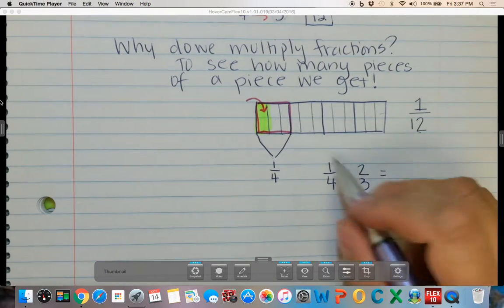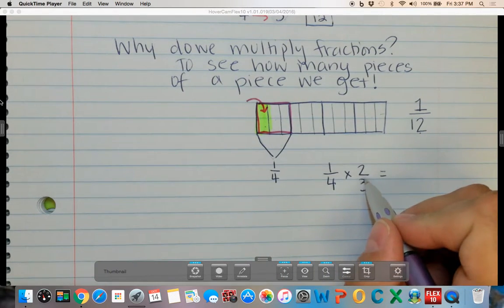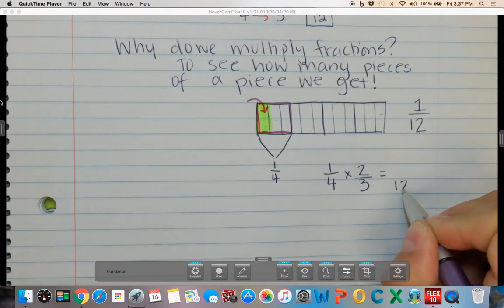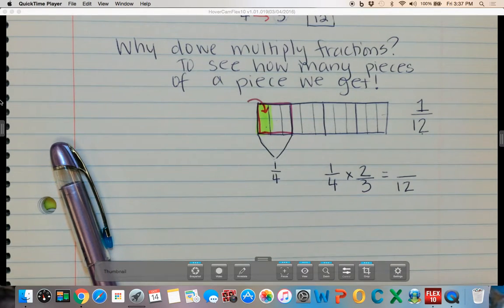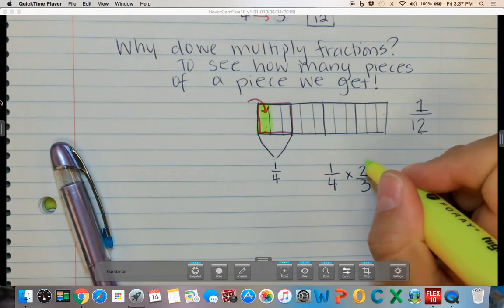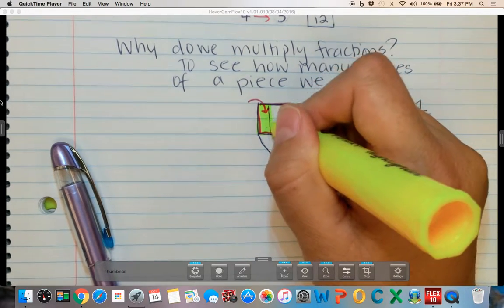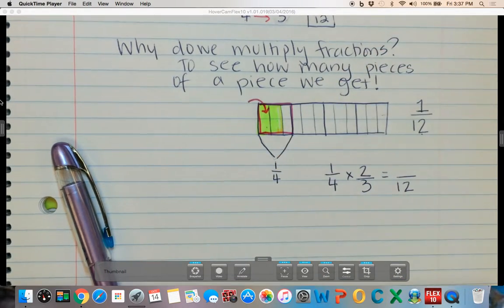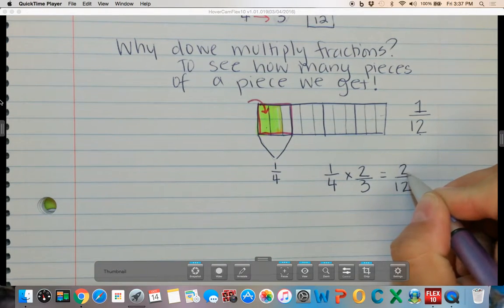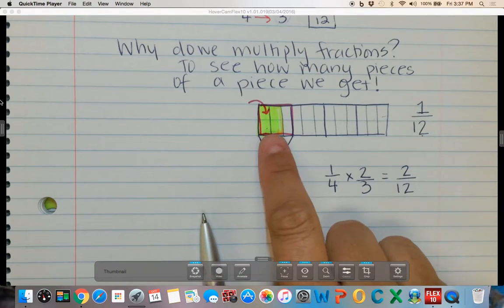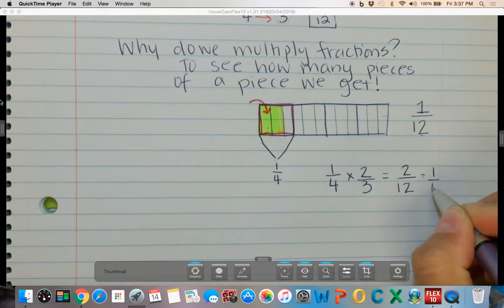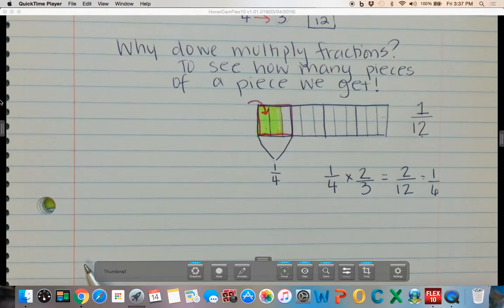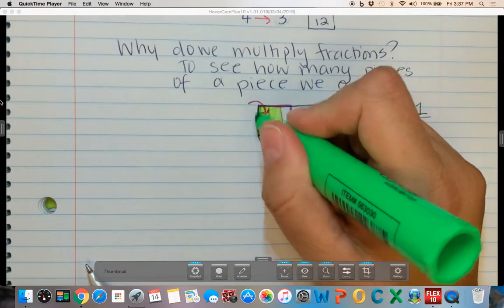It would still be the 12 pieces, but I would highlight 2 of those in one of those boxes, and I would get 2/12, which is now 1/6 of a whole.